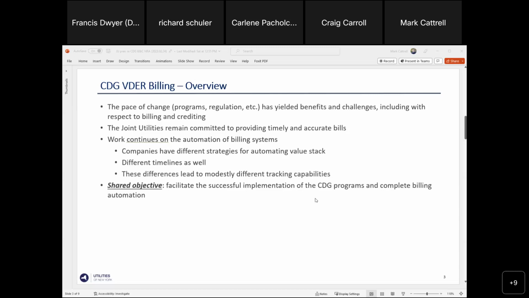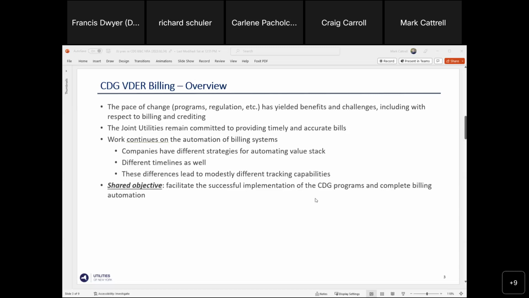Different companies also have different timelines for their automation based on where they are in various regards operationally. And these differences in timelines and strategies make sense because the different profiles of the companies imply different tracking capabilities that exist today. But we would also note that what exists today is not necessarily going to be the state of the world in the future.